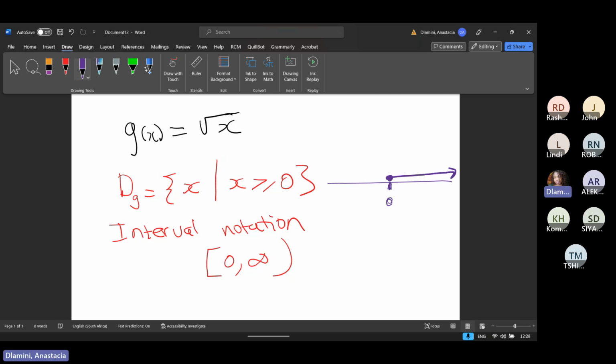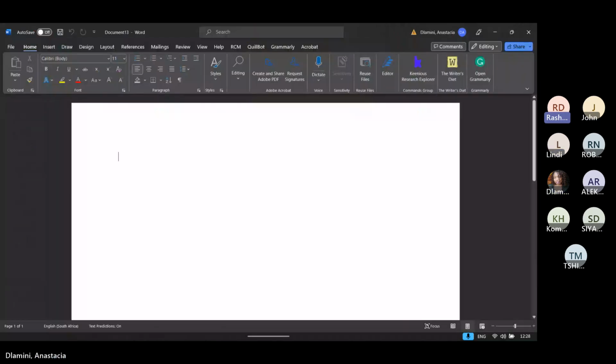That's why we are saying from 0 to infinity, because our arrow is pointing from 0. So the domain of g can also be written in interval notation like this. Are we all sorted now? Yes. So if you are getting it, it's fine.